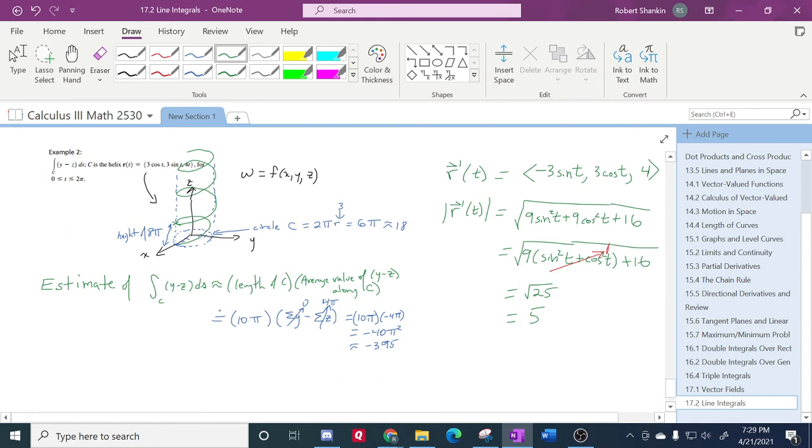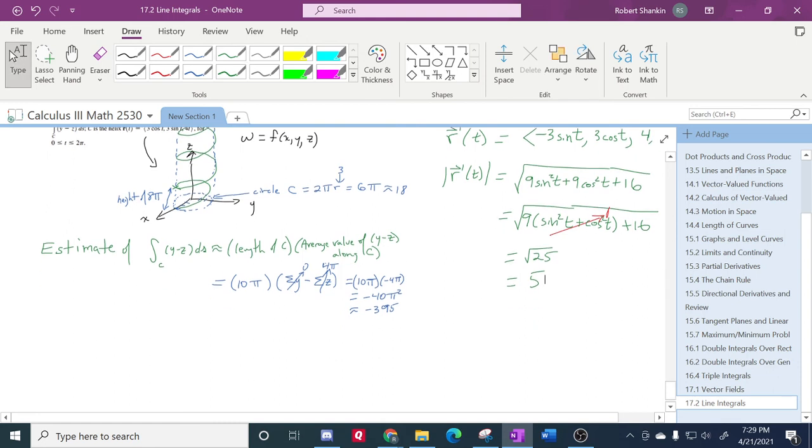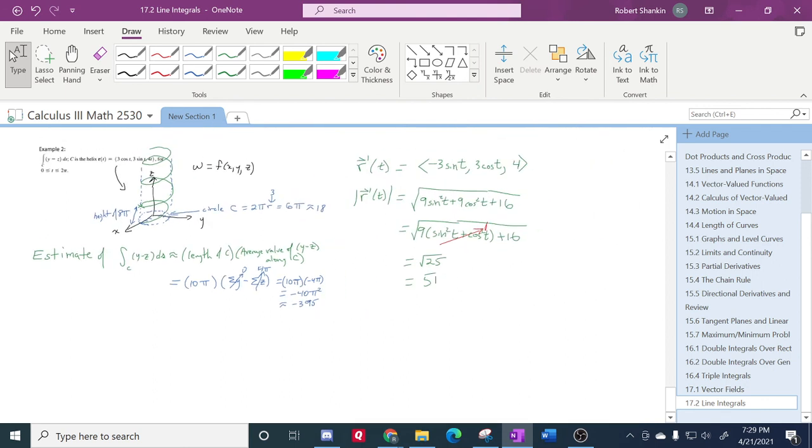All right, so now we get the exact value. So let's go to exact.